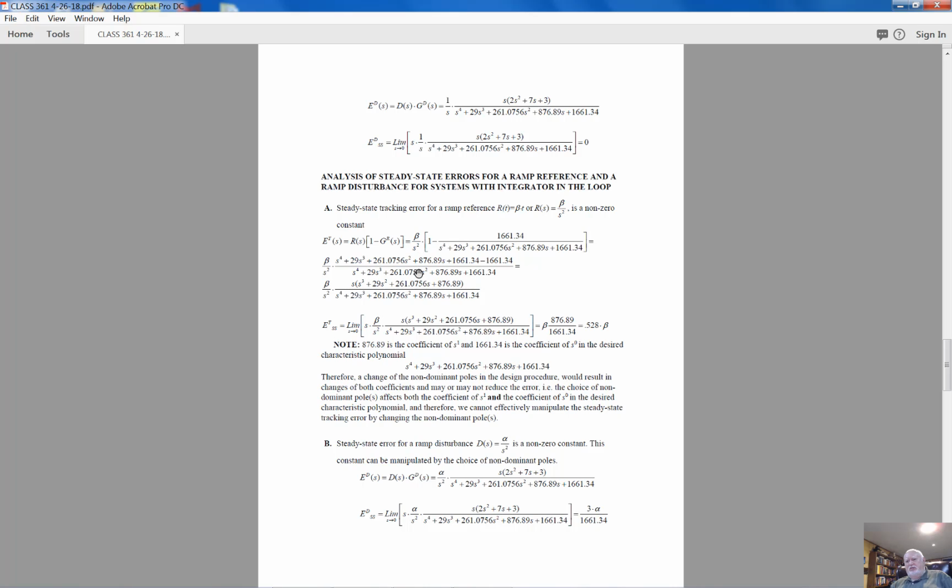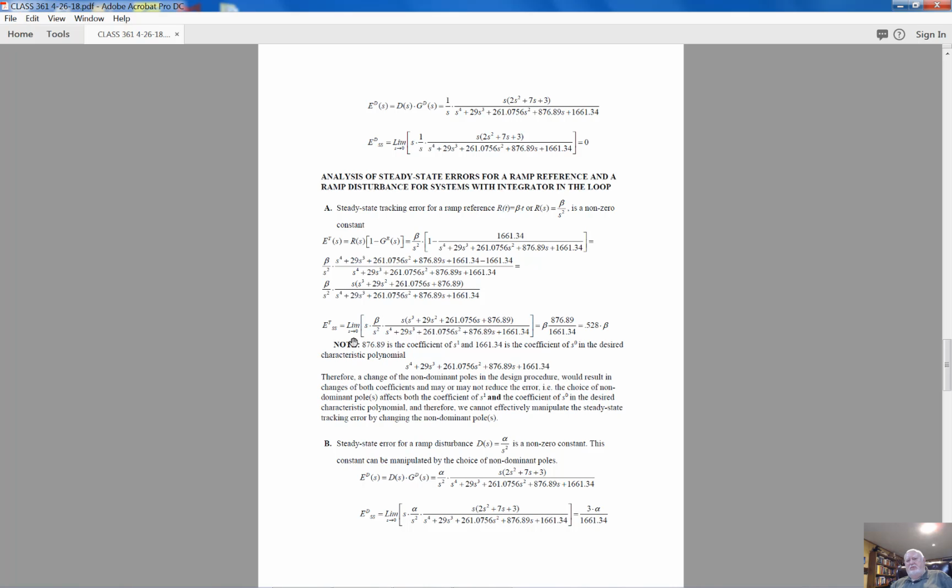I'm going through this expression, not making mistakes. Everything is done correctly here. Make sure that it is. And I will end up with this steady state tracking error.